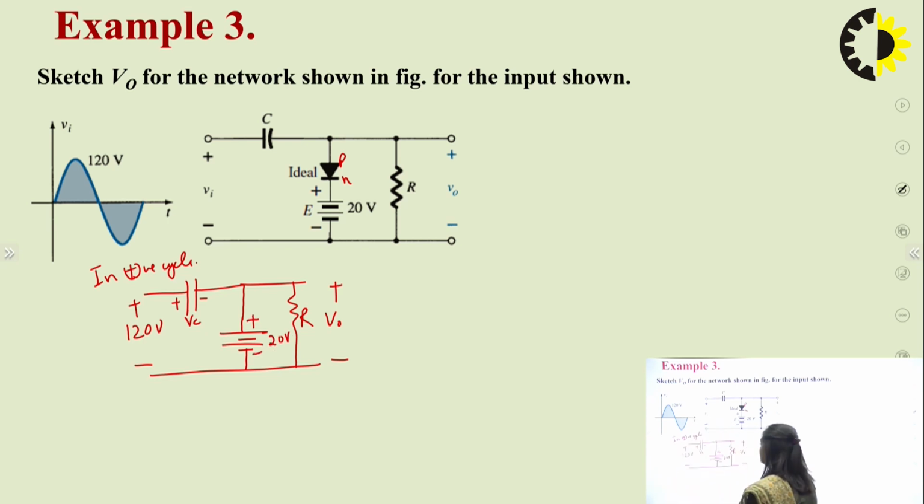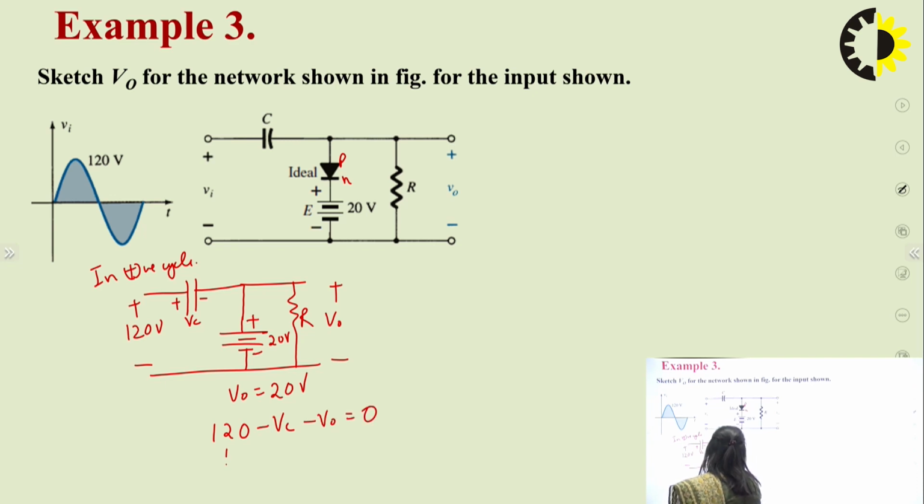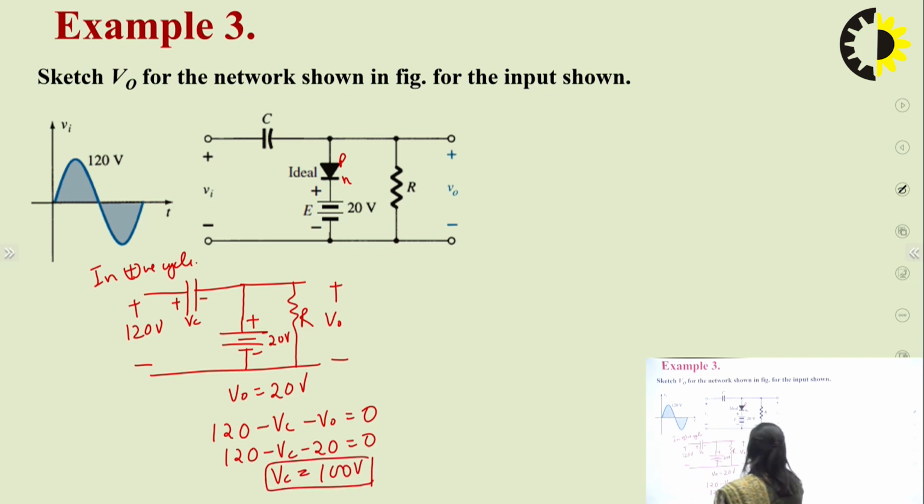Here the output voltage V0 is equal to 20 volt because this is directly in parallel with the resistance. Now we can find the value of Vc. 120 minus Vc minus V0 is equal to 0, so 120 minus Vc minus 20 is equal to 0. So Vc would be equal to 100 volt.